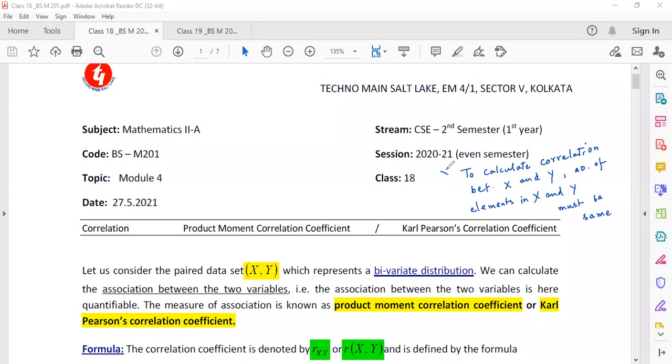Remember this, it is a very important point. Okay, so let us now try to find out the formula for calculating the correlation coefficient.